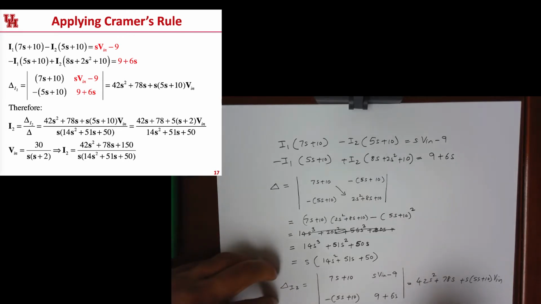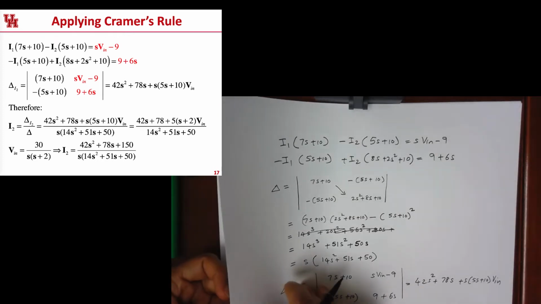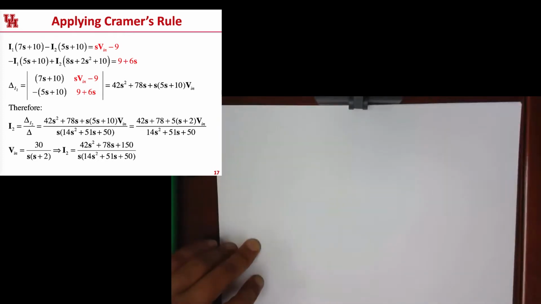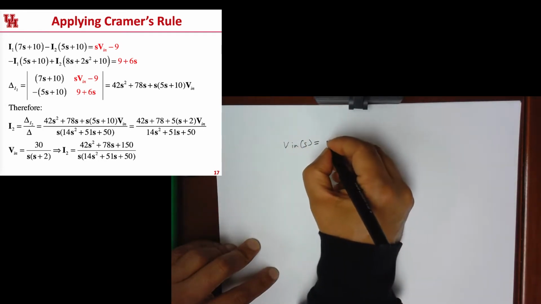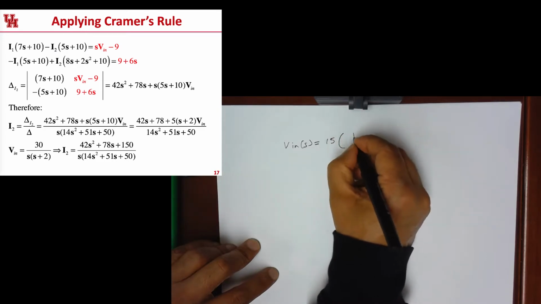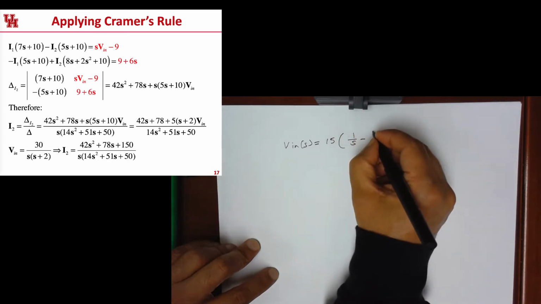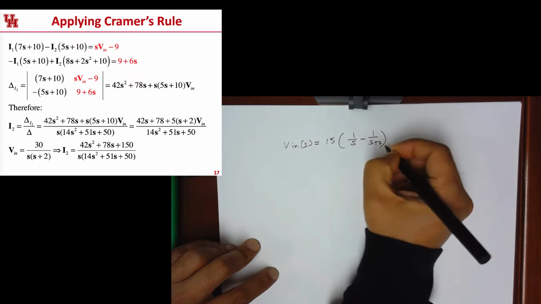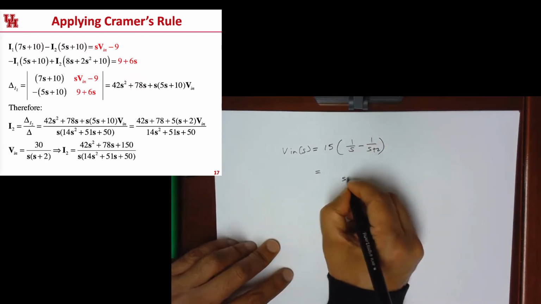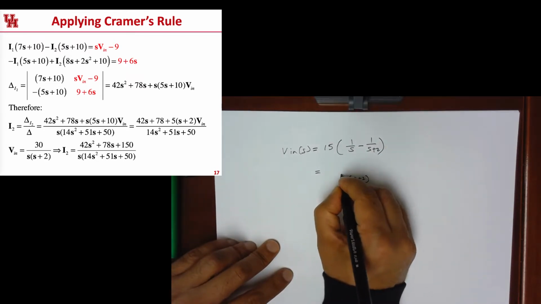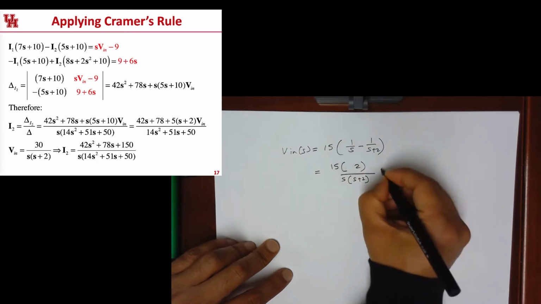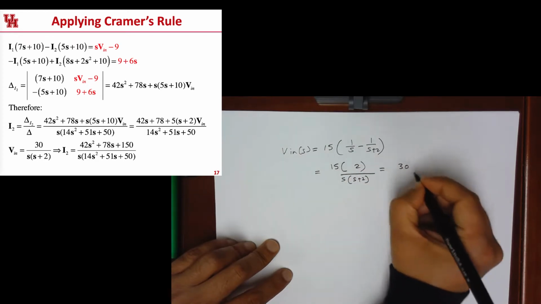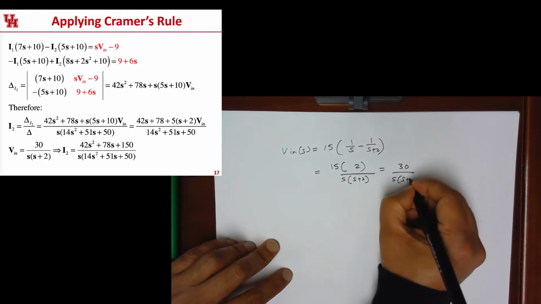My Vn was 15 times (1 over s minus 1 over s plus 2), right? So this is s times (s plus 2) in the denominator, 15 in the numerator, s plus 2 minus s, which is just 2. So this is going to be 30 divided by s times (s plus 2), right?